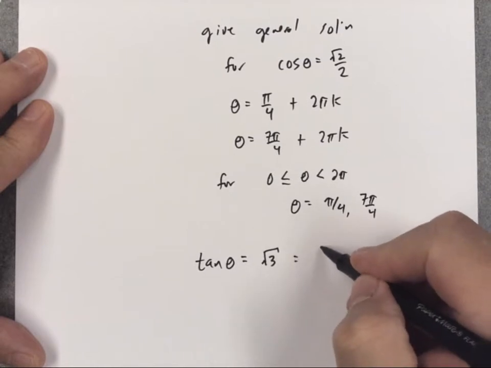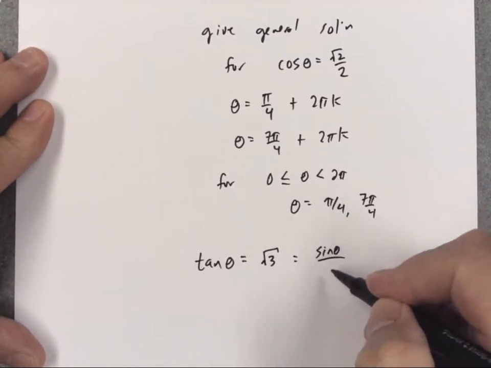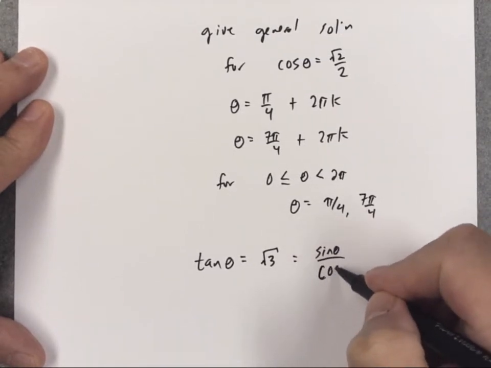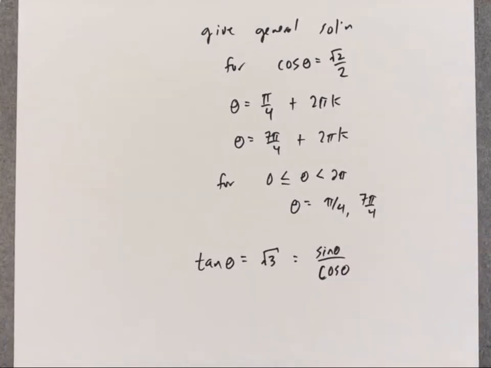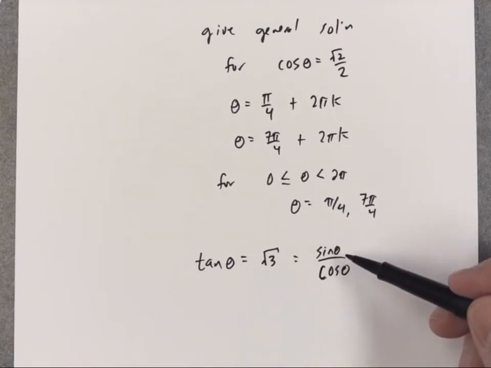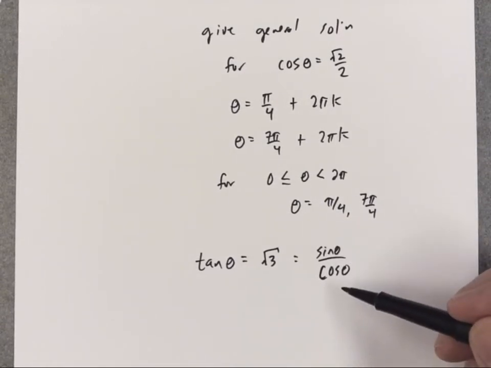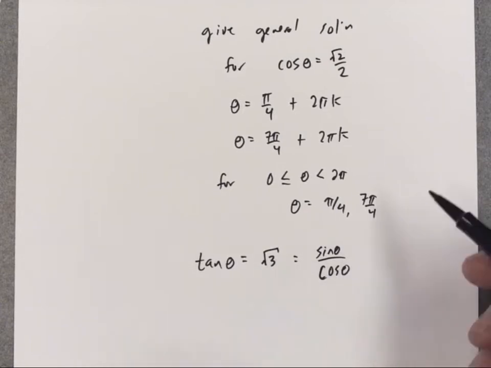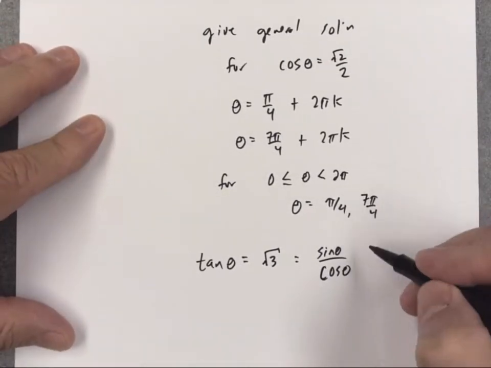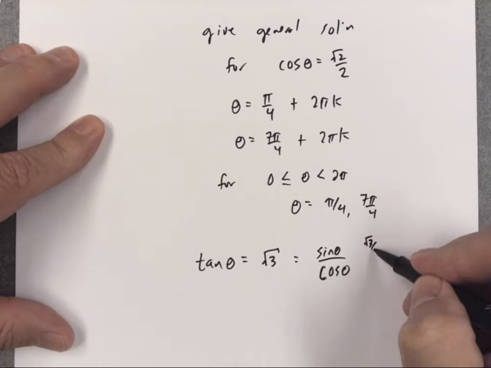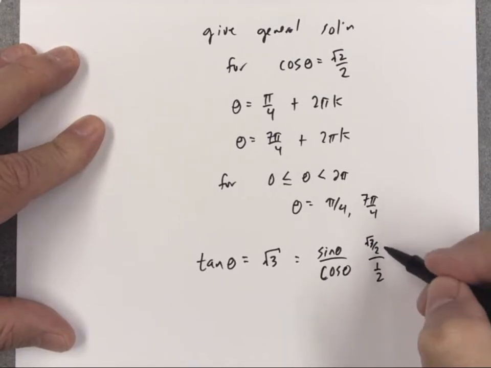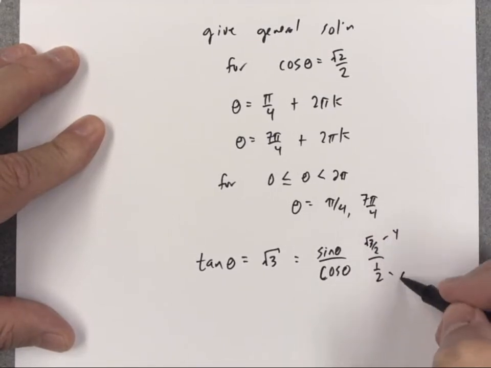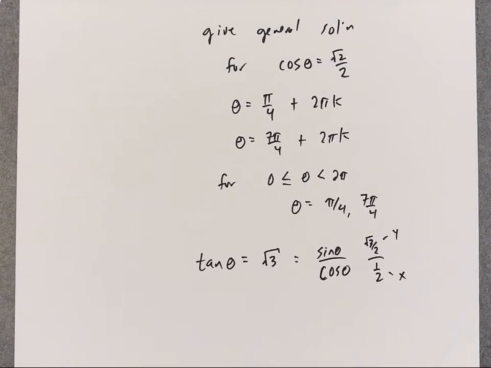What I usually do is, in my mind, of course, I convert it to sine over cosine. So I'm thinking of the unit circle, and I'm thinking of taking the sine of an angle and dividing it by the cosine of that angle, and it has to be square root of 3. And normally that happens when you have maybe square root of 3 over 2 over 1/2. Because that's the y and that's the x of some point on my unit circle.